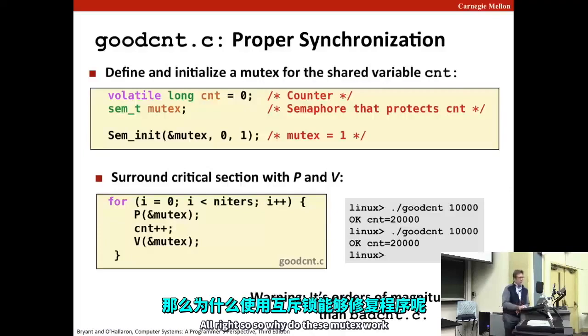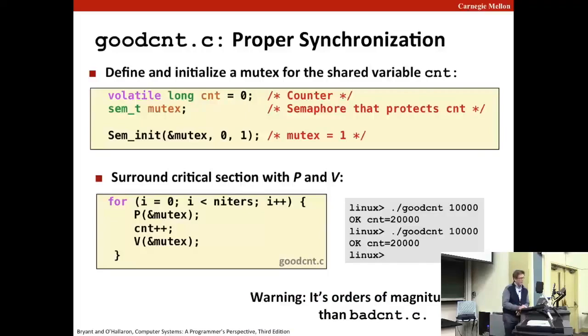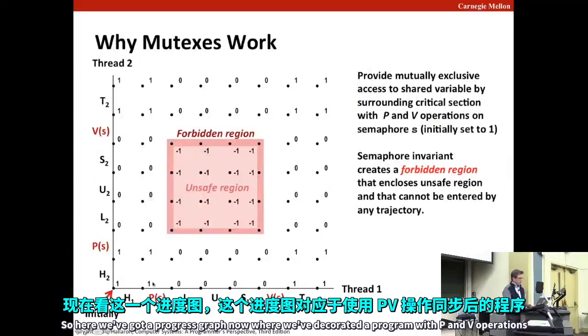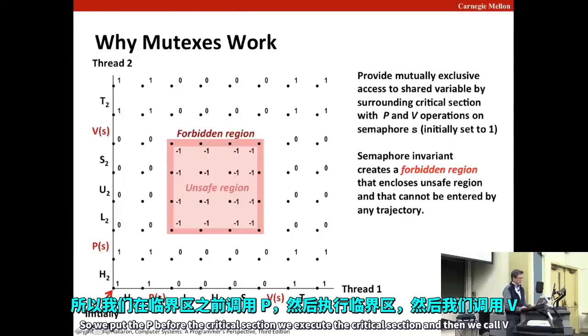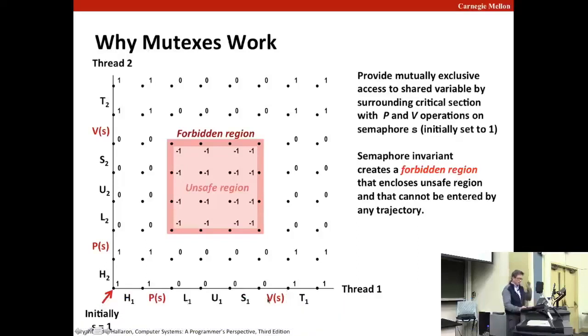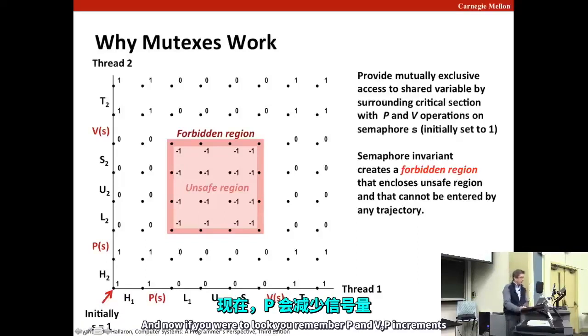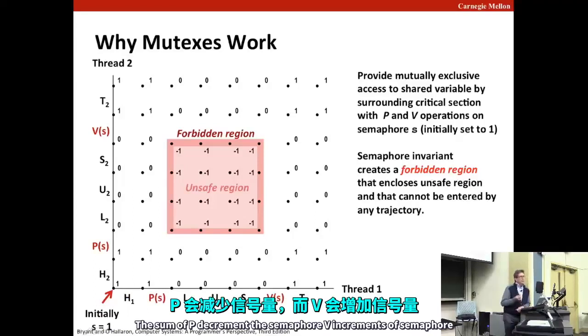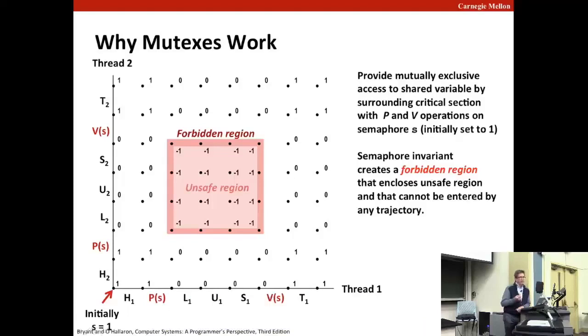All right, so why do these mutexes work? Here we've got a progress graph where we've decorated our program with P and V operations. We put the P before the critical section, we execute the critical section, and then we call V. Remember, P decrements the semaphore and V increments the semaphore.